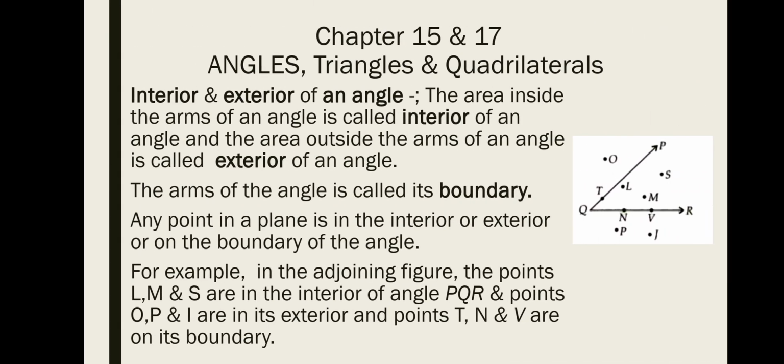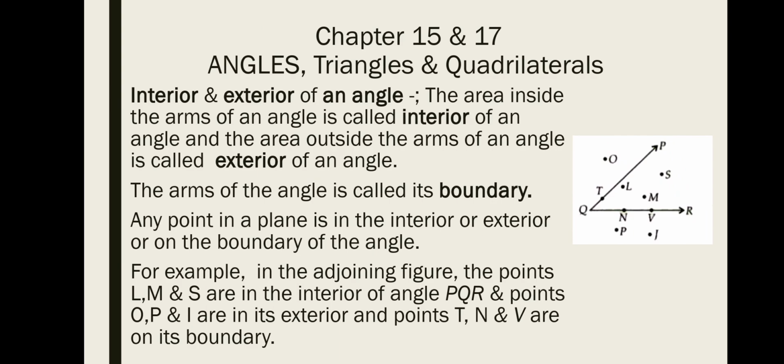Interior and exterior of an angle. The area inside the arms of an angle is called the interior of an angle, and the area outside the arms of an angle is called the exterior of an angle. The arms of the angle are called its boundary.